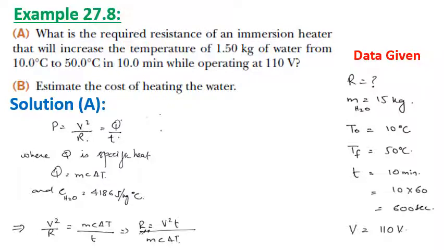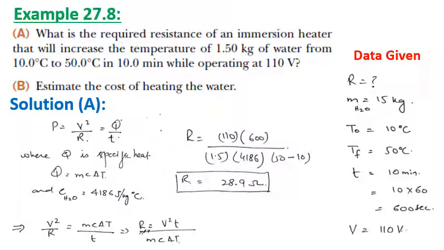This Q is heat, and we know that Q equals mc delta T, where c is the specific heat of water, and its value is 4186 joules per kilogram per degree Celsius.